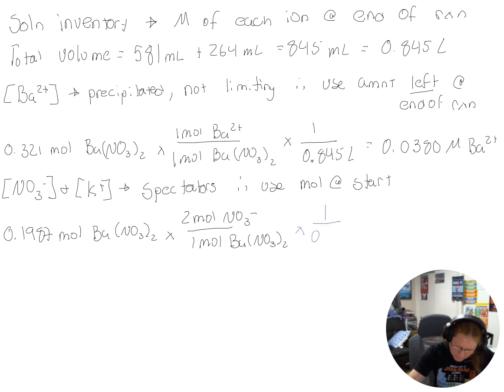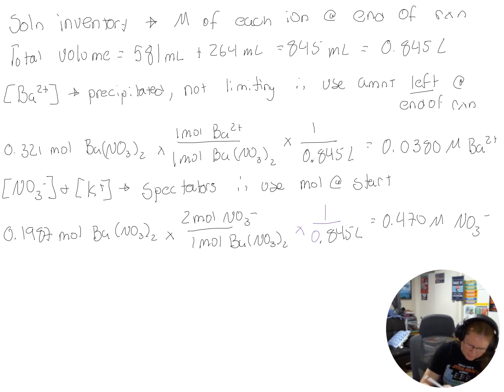So we have 0.845 liters, and so we end up with 0.470 molar nitrate ion. Okay, potassium, similar thing. We have 0.1666 moles of our potassium sulfate.